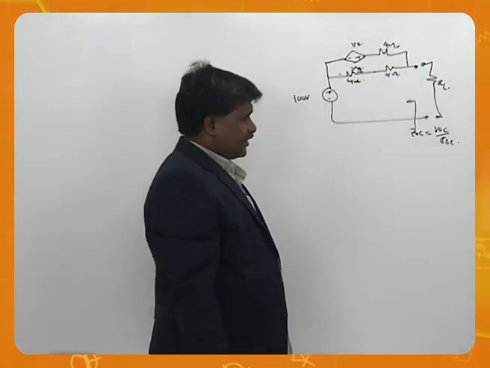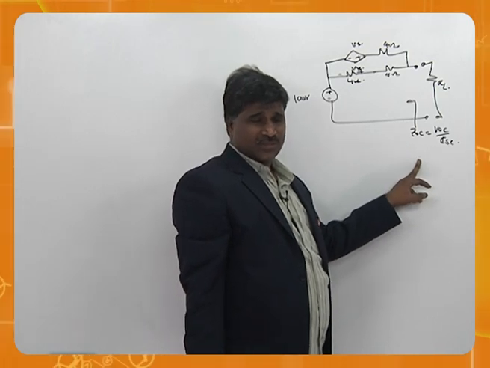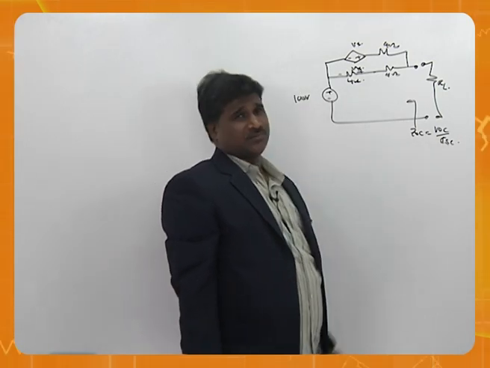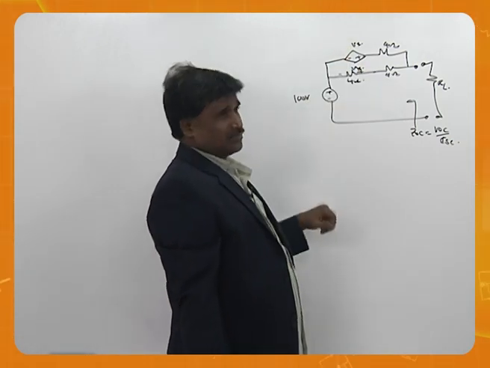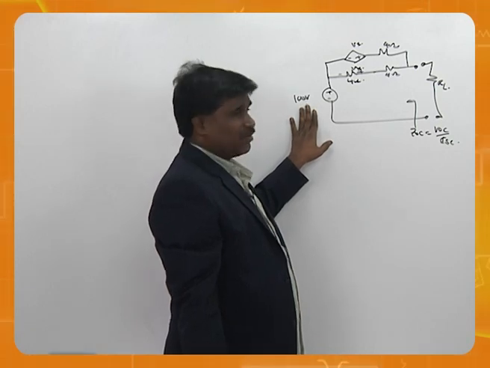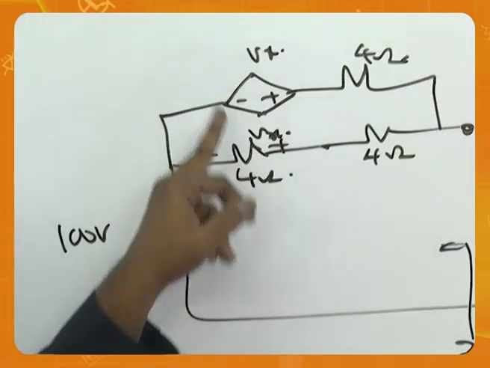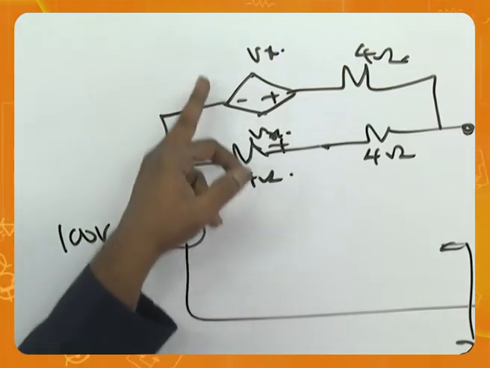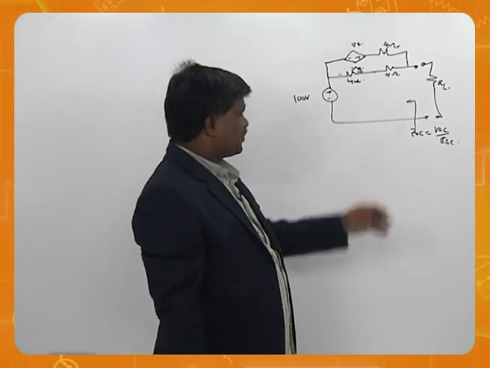Whenever there is a dependent source, don't go for the short circuit, open circuit concept, go this way. Don't try to short circuit this. Shorting an independent source may be allowed, but this cannot be allowed. Why? If you short this, this is shorted. That's why you should never short a dependent source.